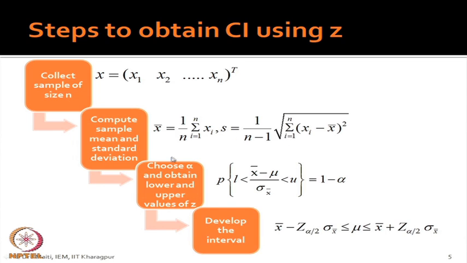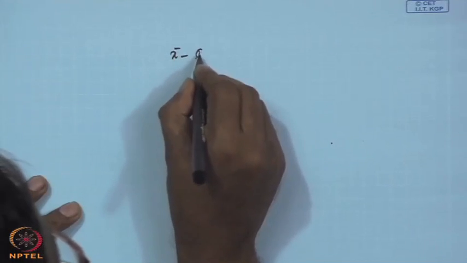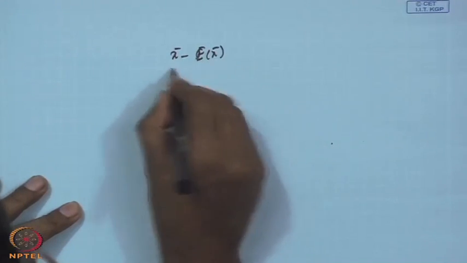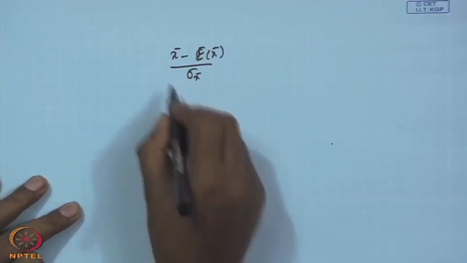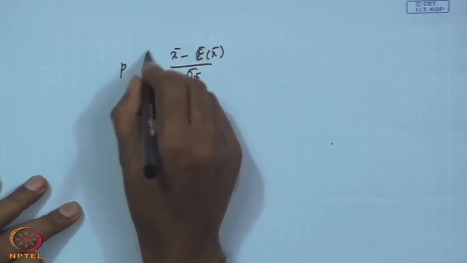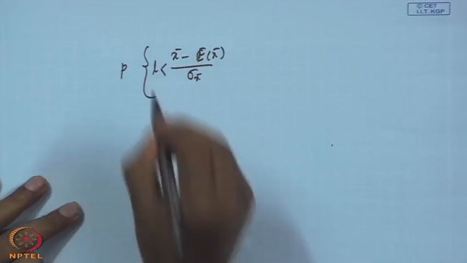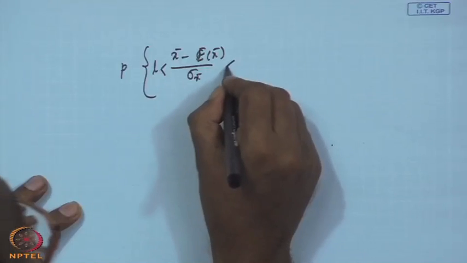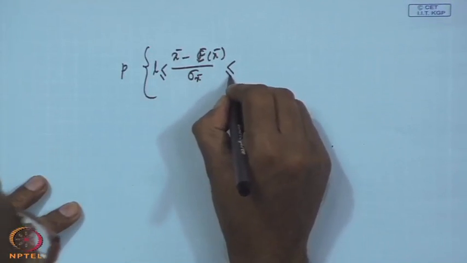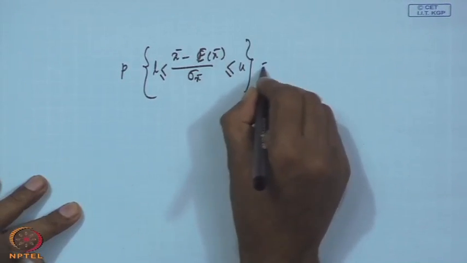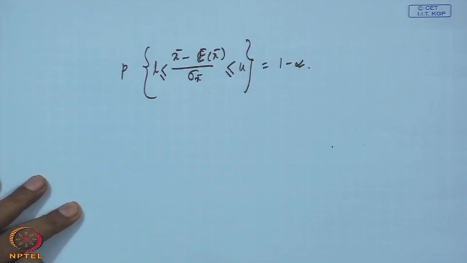Then you choose a particular alpha value, and we know that the probability that the statistic we generated, x bar minus expected value of x bar divided by sigma x bar, is greater than or equal to L and less than or equal to u, will be 1 minus alpha.